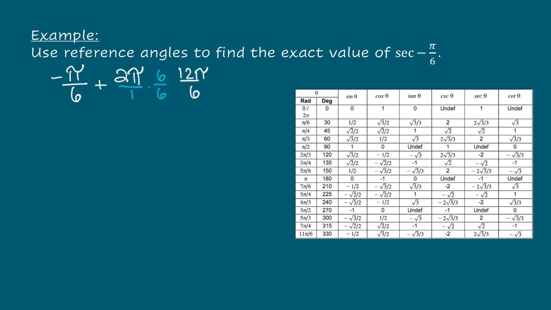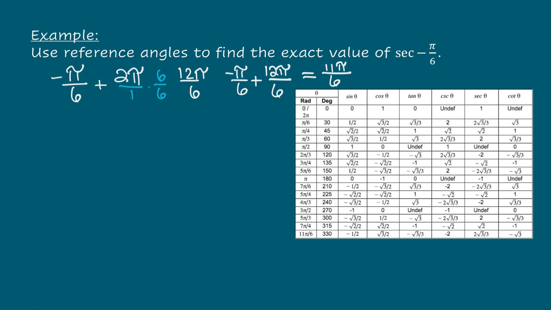And what I'm actually going to be adding here is negative pi over 6 plus 12 pi over 6. So that gives me 11 pi over 6, because I have a negative 1 plus 12. So now I have a positive value that I can work with.